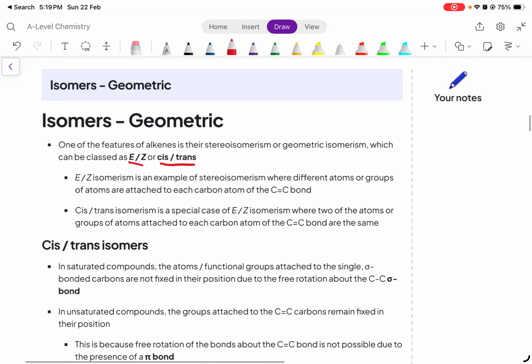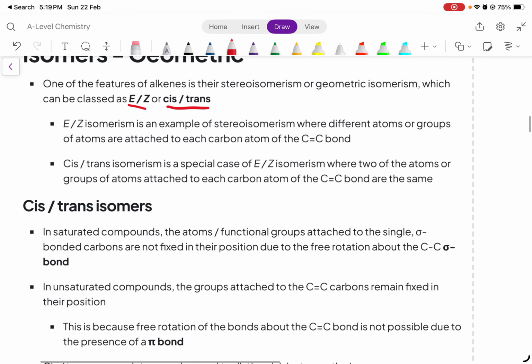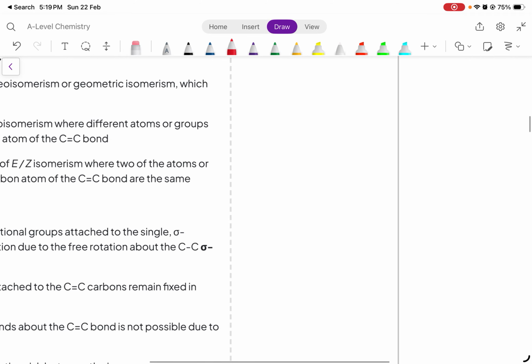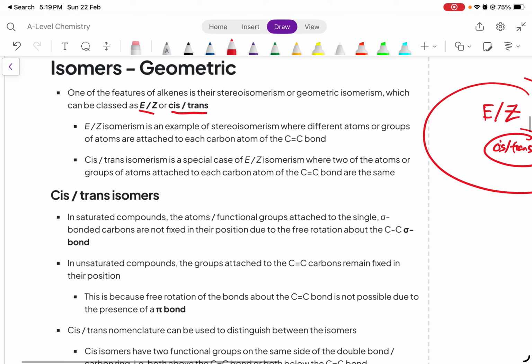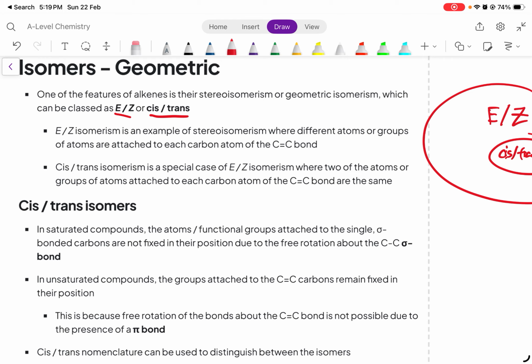Okay, so let's have a look. What is the difference, but overview first? What is the difference between E and Z 还有我们的 cis and trans? So if I make a Venn diagram, okay, this is our E and Z, this is our cis and trans. 简单来讲就是 cis and trans 它其实是一个 subcategory of E and Z. Okay, so you have to have a special case of the E and Z in order to have cis and trans.